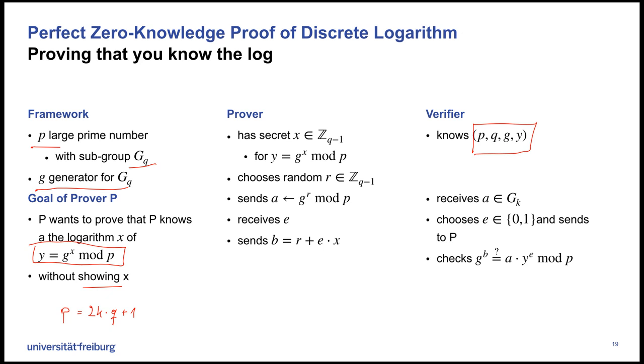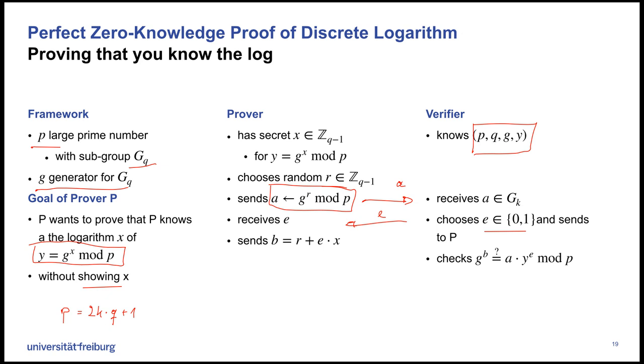So, similar structure, we choose a random number r, and we don't send this, so we send g to the r, and we send a. So we send a to the right side, and then again we choose a bit e, send it backwards, and now we send r plus e times x.